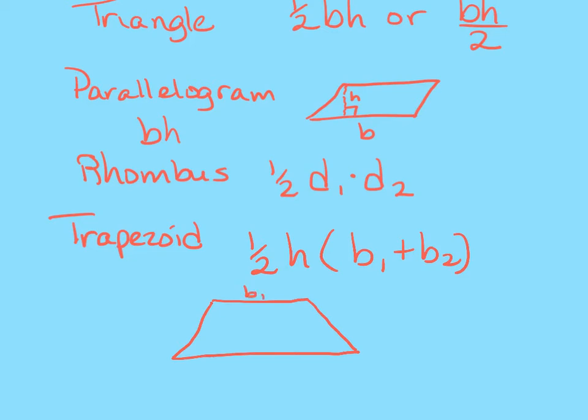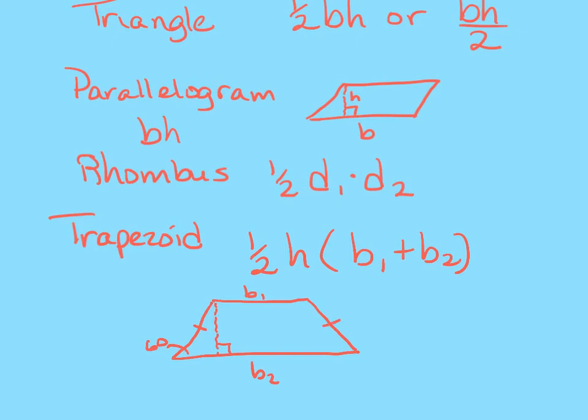Base 1 would be here, base 2, and then we could draw in the height. And a lot of times perhaps the height may be missing. They may give you the measure of this angle. They may tell you that this is an isosceles trapezoid.